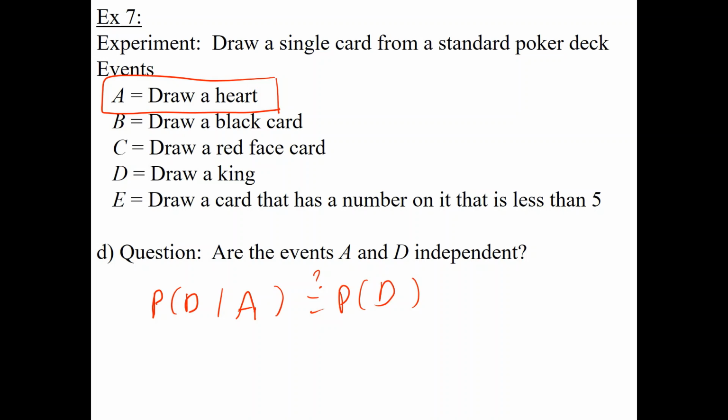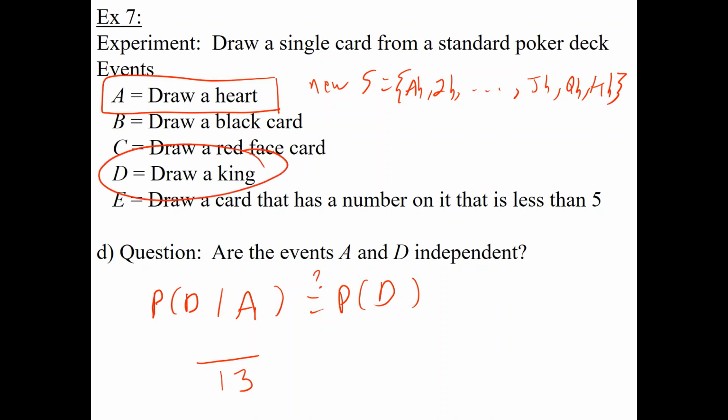And that tells me now my new sample space is all the hearts. Ace of hearts, two of hearts, all the way up to Jack, Queen, King of hearts. All the hearts. So that new sample space has 13 things in it, so the denominator for this is 13. But then I want to know the probability of D, the probability I draw a king from this new sample space. There's only one king in the entire new sample space, so 1 out of 13 for that.